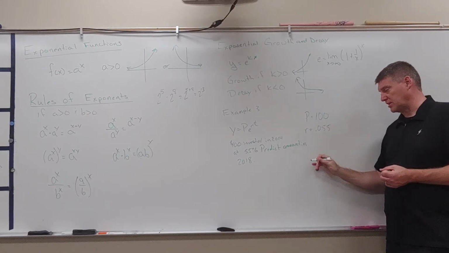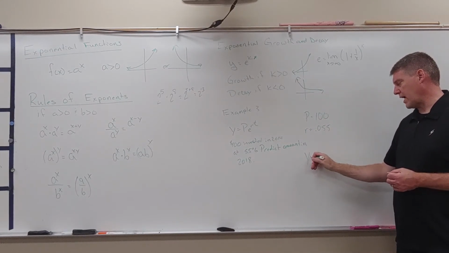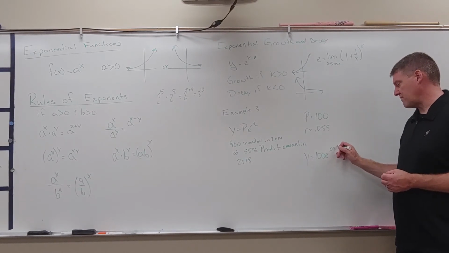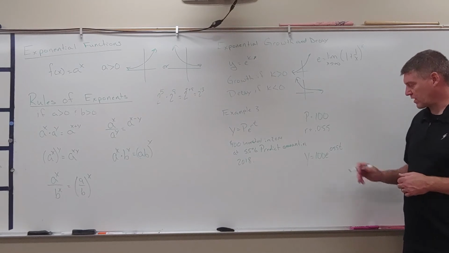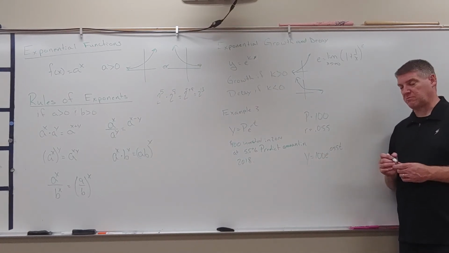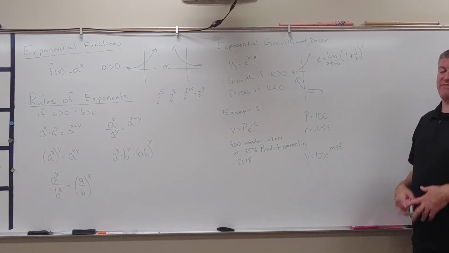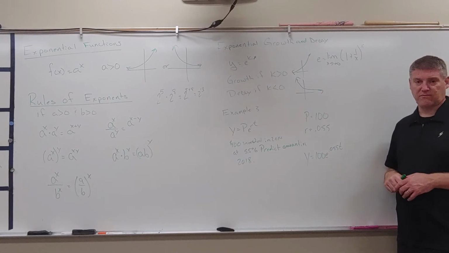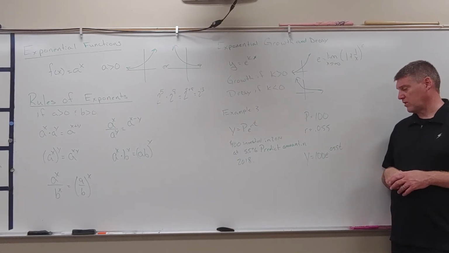It's going to be changing. So I have y equals 100 e to the 0.055 t. Okay, so this is my formula. This would tell me how much I would make after 5 years, 10 years, 20 years.